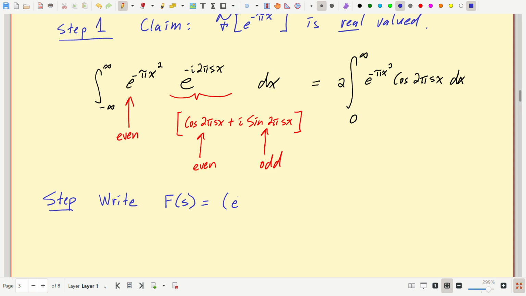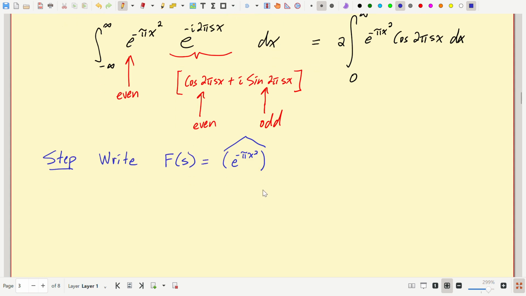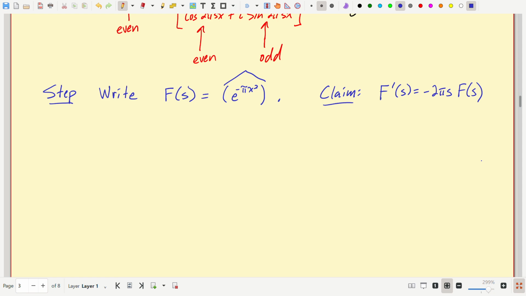That's going to be equal to e to the minus pi x squared hat. I claim that f prime satisfies a simple ODE, namely f prime of s is equal to minus 2 pi s times f of s. That won't be hard to see. So this is going to be step 2.